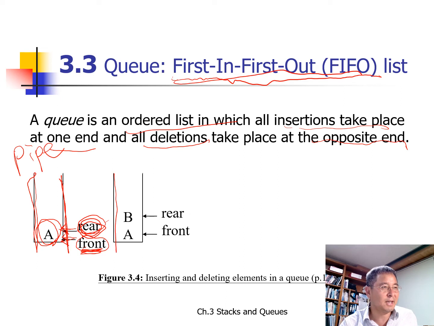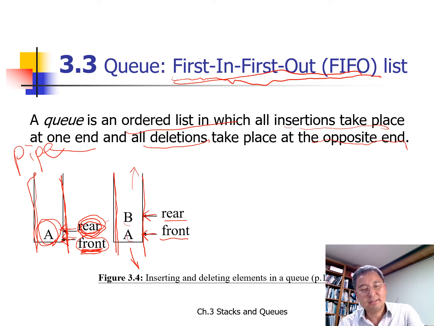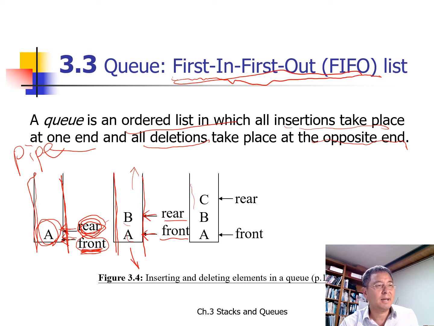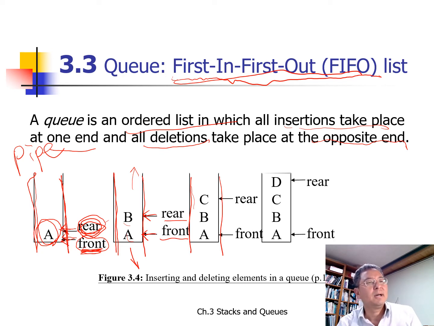Also, you must think this is a pipe, not bucket. Bucket has a bottom, but pipe is open on the other side, this side and this side. Okay, and now front will point to the A, rear will point to the B. So B is the last one, A is the front, first one. Okay, in this way you can store data A, B, C. Now 3 data are stored here, and D, 4 data are stored here.